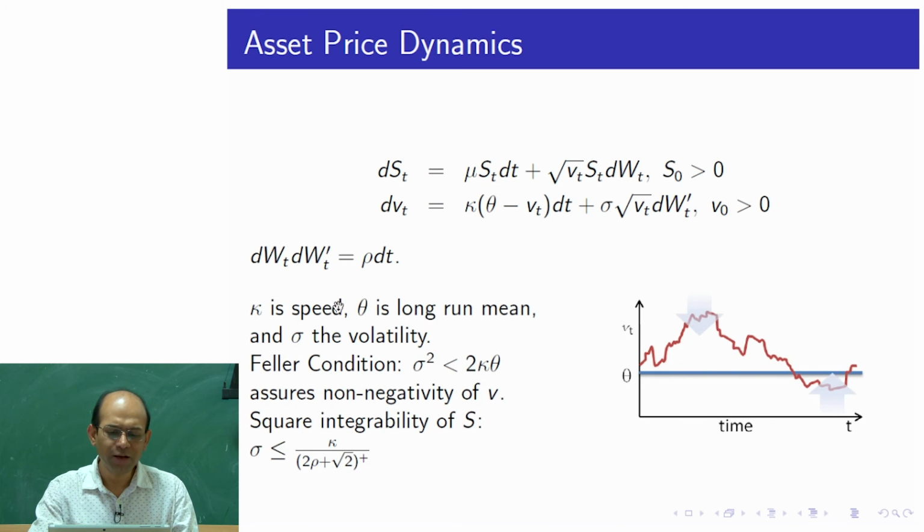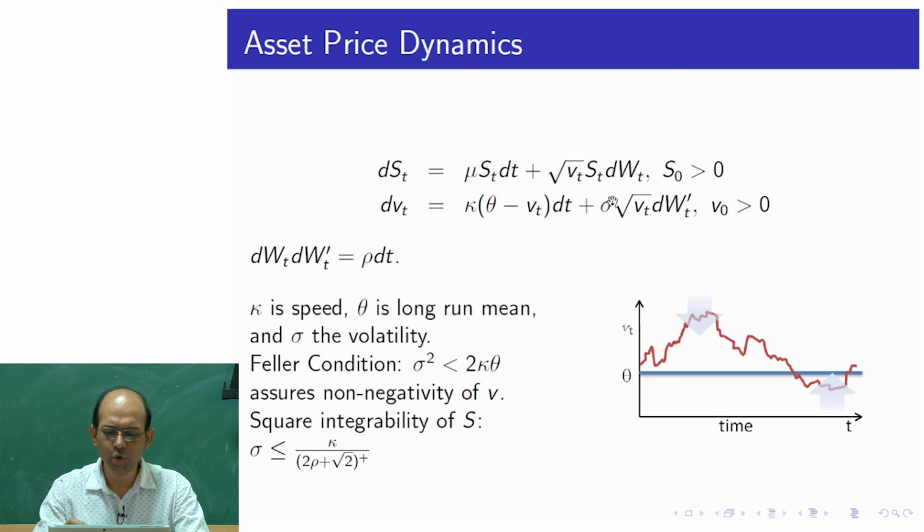So, that is the reason we call kappa the speed. Okay. If kappa is very small, then Vt may be allowed to go very large, and after that it would come back, and the time it would take to come back would be longer, okay, slower. So, that also justifies the name that kappa is called speed. And why this is called volatility, that is very clear, because this is coming from here.